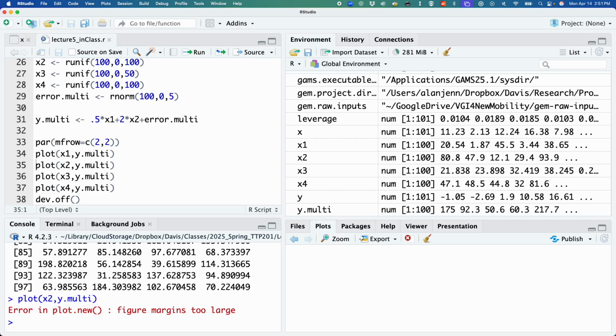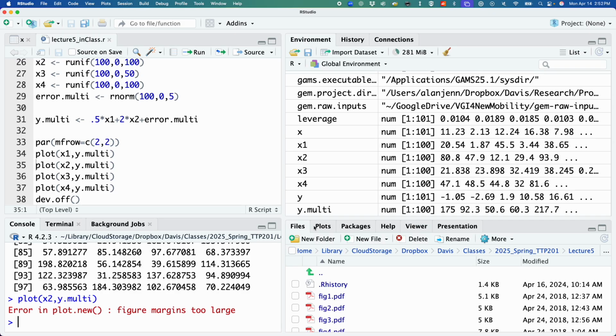All right, I'm going to give myself 1 minute to solve this. Oh, interesting.